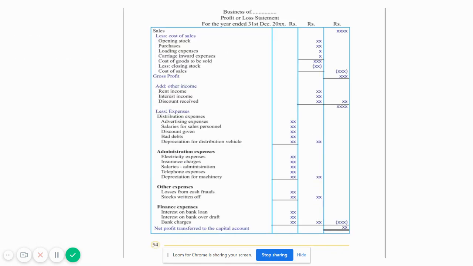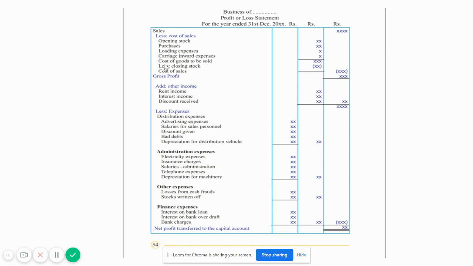When it comes to the profit or loss statement, as you can see, the cost of sales will comprise opening stock, purchases, loading expenses, carriage inwards, and thereby you will end up with a figure called cost of goods to be sold.